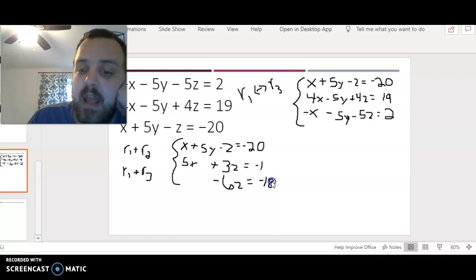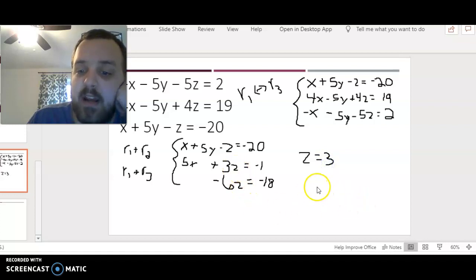Luckily for me, with these two moves, I now have a back substitution system. I have one variable in the third equation, two in the second equation, and three in the first equation. Meaning that I now can solve for z, plug it in here, solve for x, plug it in here, solve for y. Solving for z, I'll divide by negative 6. I'm going to get that z equals 3.